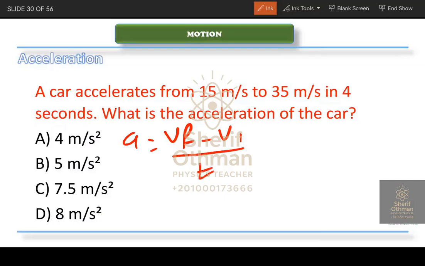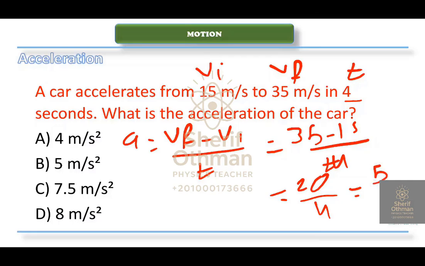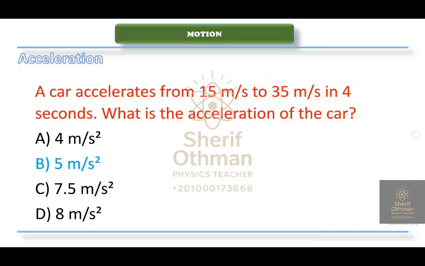So the rule will be 35 minus 15, as 15 is V initial, while 35 is V final, and the time is 4 seconds, over time. So 20 over 4 will be 5 meters per second squared. So the answer will be 5 meters per second squared.